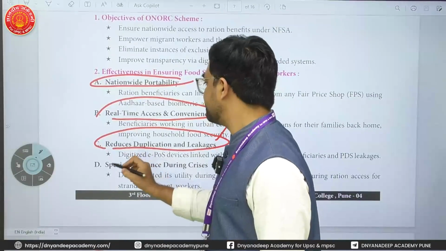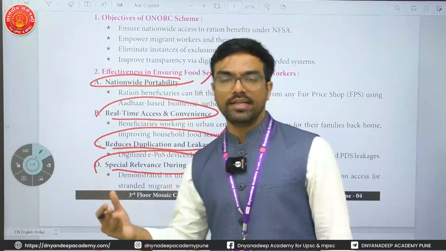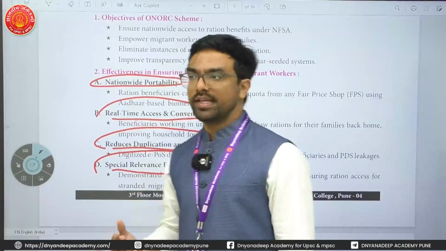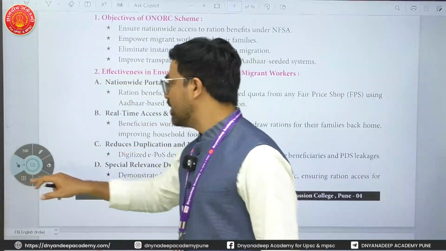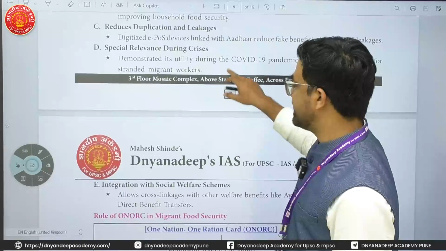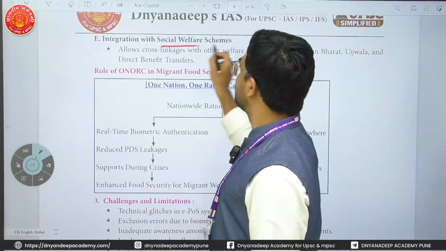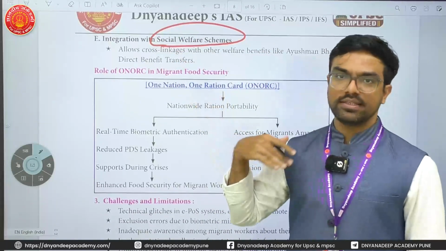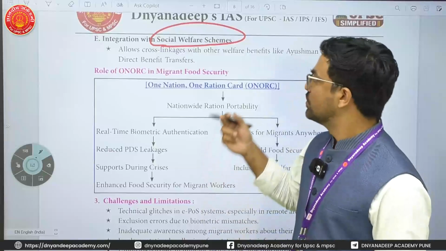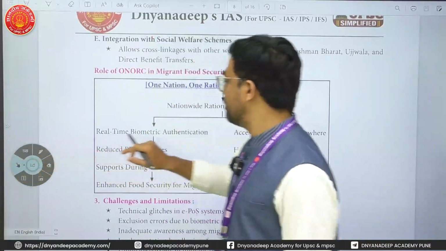This is the advantage. Special relevance during crisis, right? We have seen during COVID-19 there were restrictions on mobility, and this scheme proved to be very effective during the crisis. Also, integration with other social welfare schemes, like finding out the beneficiaries of the scheme. This is very effective.